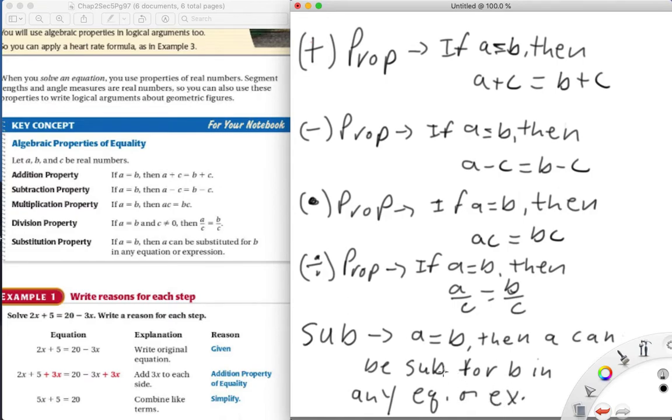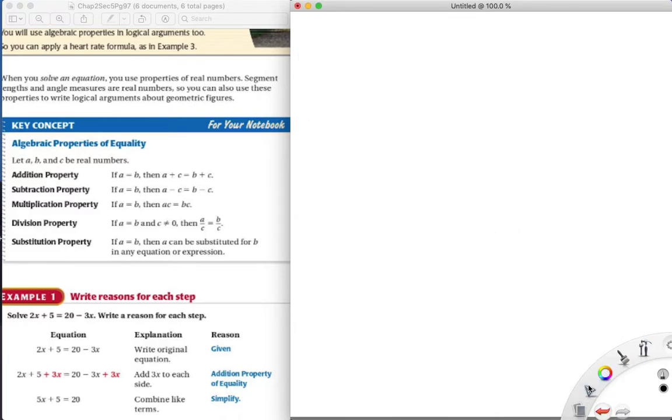So if A equals B, then A can be subbed for B in any equation or expression. So these are things that we kind of already know. We better know.